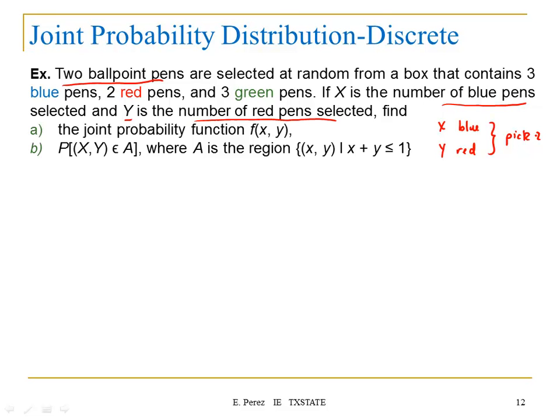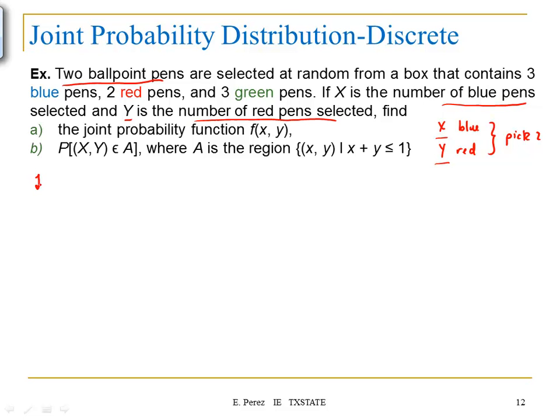So the first thing that we need to do is to list our sample space. Our sample space is going to be based on our random variables, which are X and Y. Again, X for the blue, Y for the red.